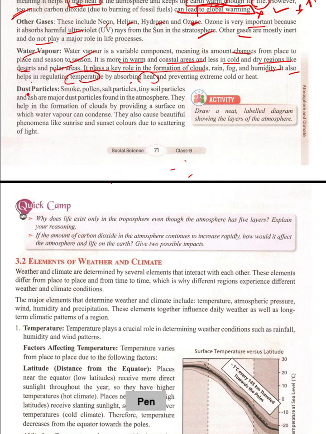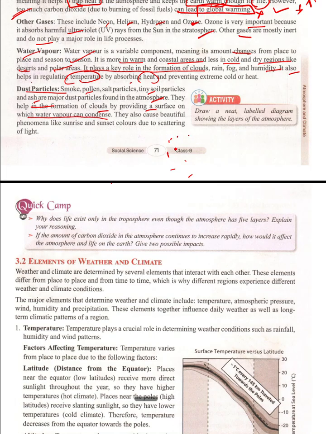Coming to dust particles, smoke, pollen, salt particles, soil particles, and ash are the major dust particles found in the atmosphere. They help in the formation of clouds, as we have studied, by providing a surface on which water vapor can condense.